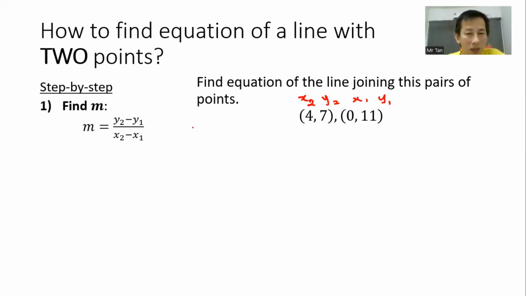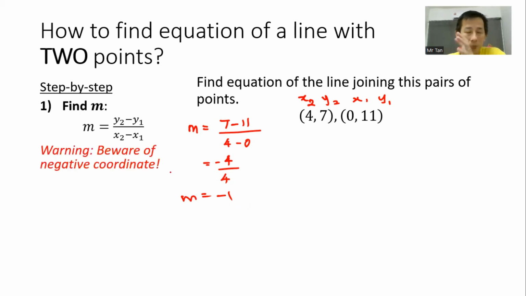So you substitute into this equation, we get m = (7 - 11) / (4 - 0). You should get -4 over 4, that will give you -1. So your m is equal to -1. Do beware that with negative coordinates, something will change. We'll go through this later.